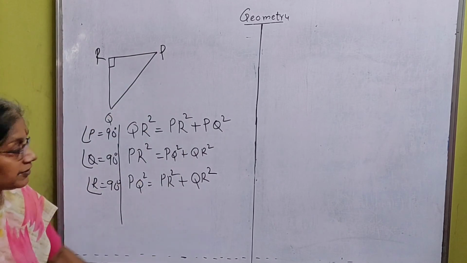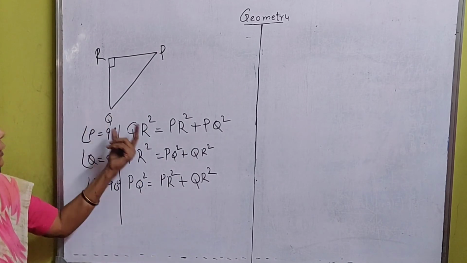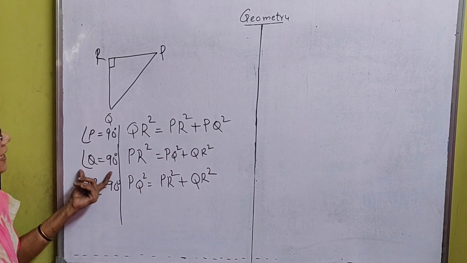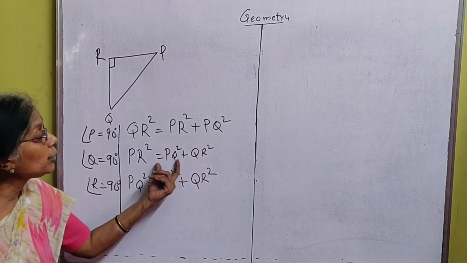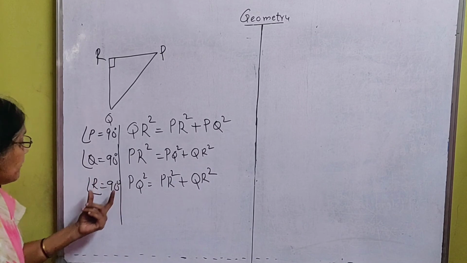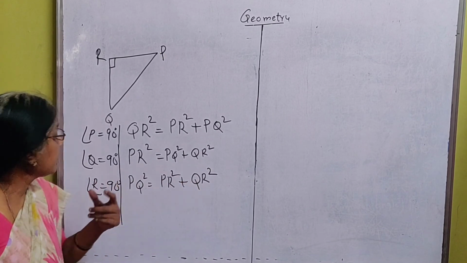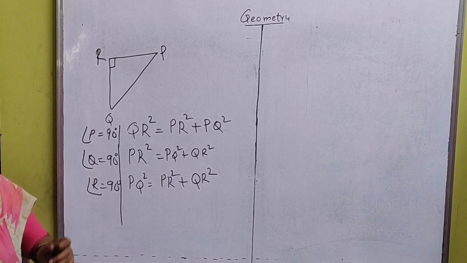So you have to write it down. If P is 90 degree, QR square is equal to PR square plus PQ square. If Q is 90 degree, PR square is equal to PQ square plus QR square. If R is 90 degree, PQ square is equal to PR square plus QR square. See, one more clue I will give you.